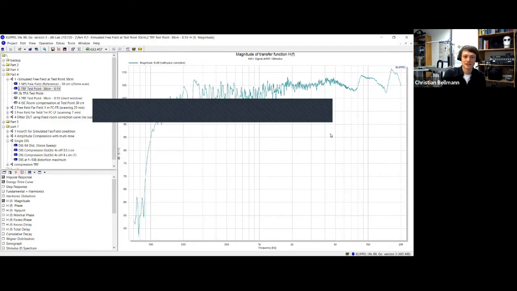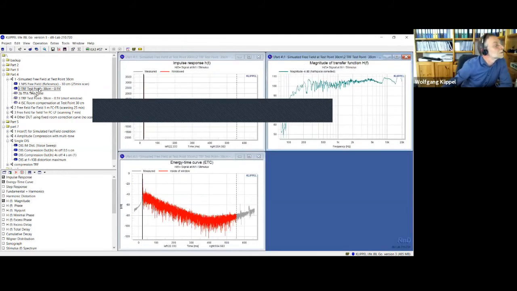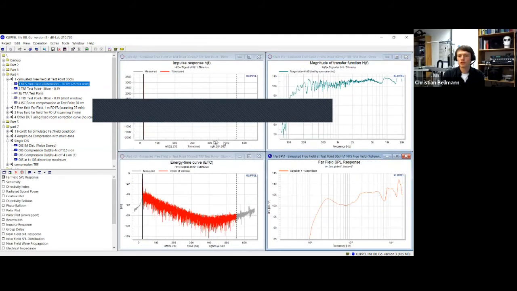We see the huge room mode at low frequencies, but also at high frequencies, it's quite noisy. But we have also predicted a reference curve, a free field curve, with a near field scanner measurement at this position. So Wolfgang, can you please open this near field measurement curve? Yes. And maybe can you just copy it into the magnitude window so that we can compare both curves?